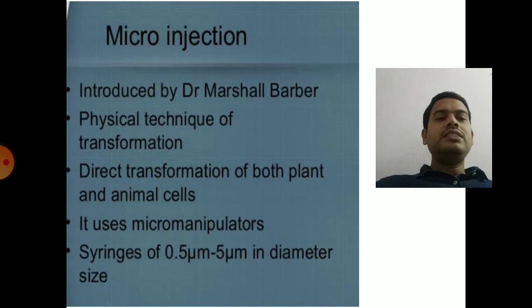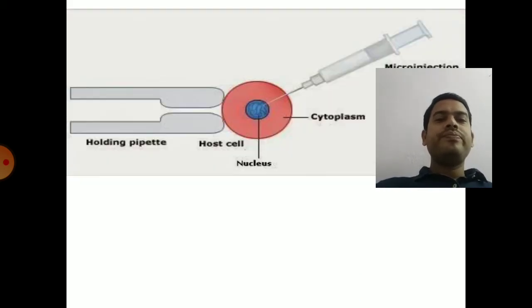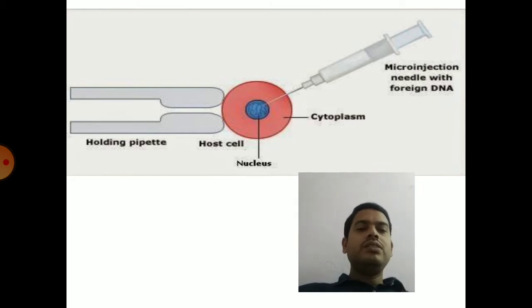So the transgene is injected into the target host cell with the help of micro manipulators like suction of a pipette and a micro syringe. A micro syringe containing a small needle of 0.5 micrometer to 5 micrometer. So this is how microinjection is carried out.